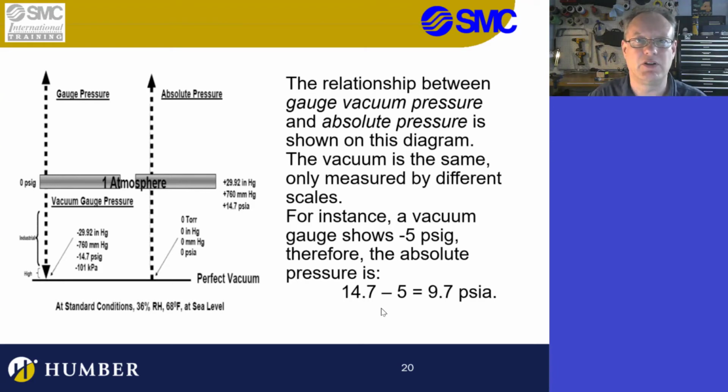What's the absolute pressure? Well, it's 9.7 psi A, absolute pressure. So often we may be given vacuum in negative numbers, because that's the number that's actually going to be doing the work. That's the number we use to calculate work. But sometimes you're given pressure in absolute values. And then you have to figure out how much below that is from 14.7, which is the absolute value of the atmosphere. Okay, good. So there we go.